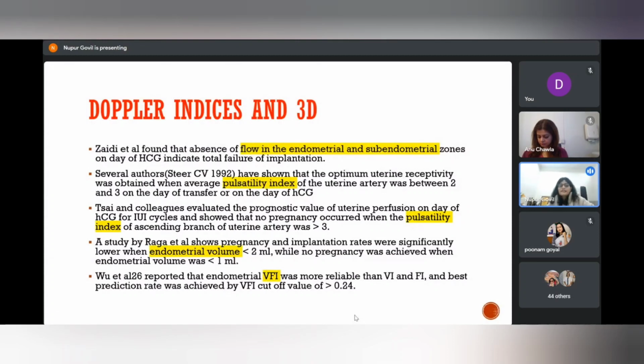In a study by Sai and colleagues, it was suggested that if uterine PI is more than 3, then there are absolutely no pregnancy rates, and endometrial volume should ideally be more than 2 ml. In a study by Wu et al., they suggested that VFI is more reliable than VI and FI, and it should be more than 0.24.